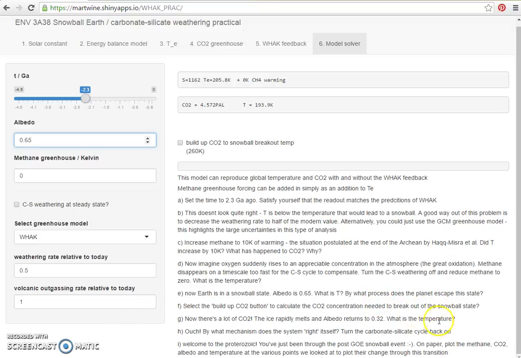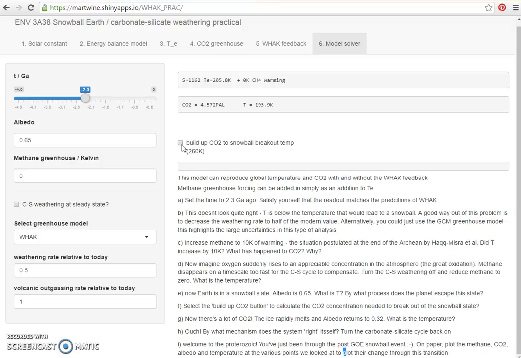So the next question: by what process does the planet escape this state of being completely frozen over? Obviously this is the accumulation of CO2 in the atmosphere from volcanoes. In order to build up the CO2 in the model, we need to hit this button here. What this does in the background is solve the equations for a temperature of 260K.